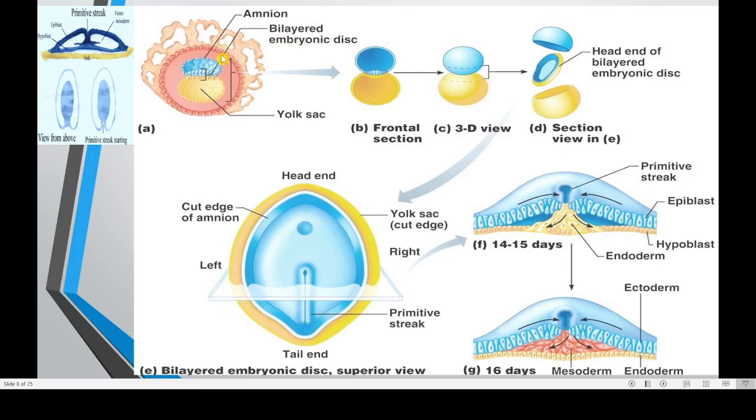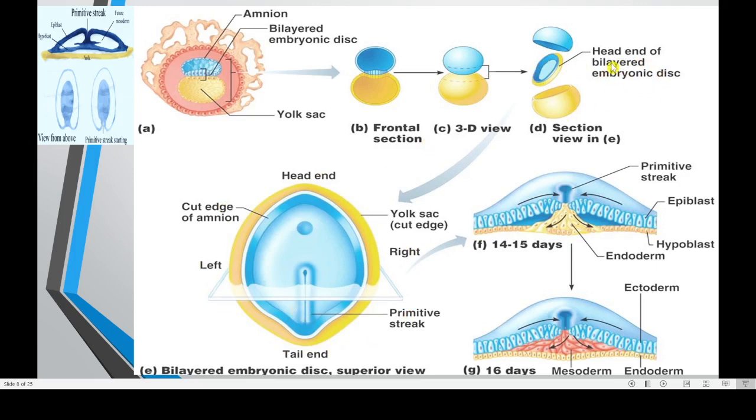Now this yellow and blue colored portion has been enlarged over here. Here you can see this shaded one is the epiblast and the yellow colored is the hypoblast. Now let us see this particular structure over here. The amnion has been removed, the yolk sac is also removed. Now what we got is the head end of the bilayered embryonic disc, which is shown over here.